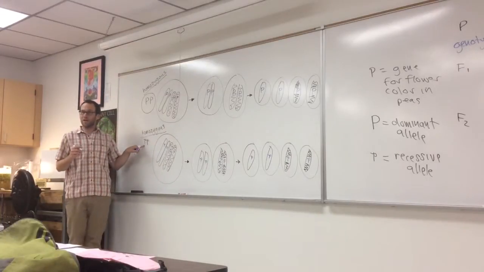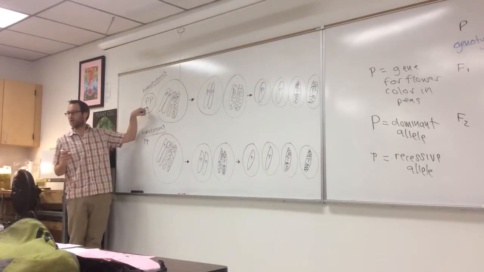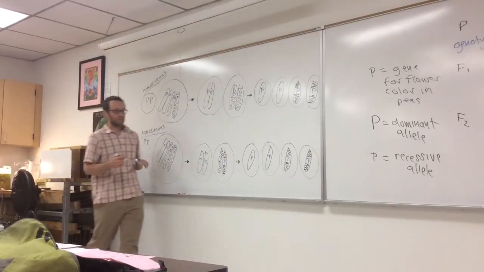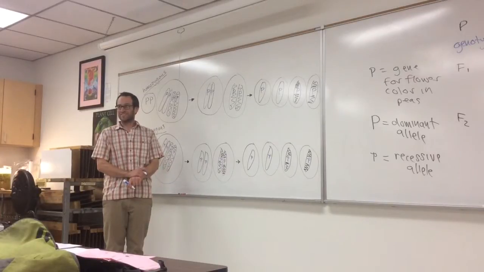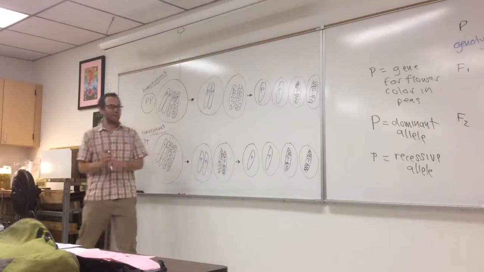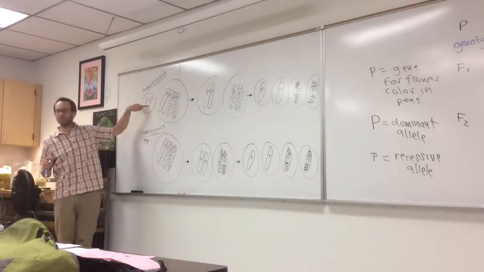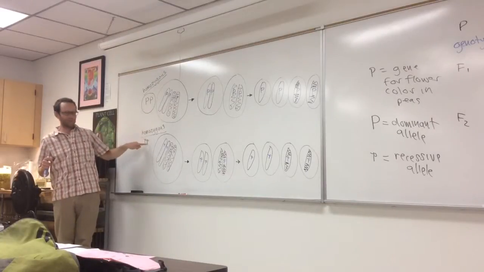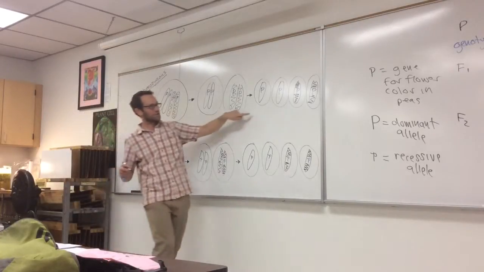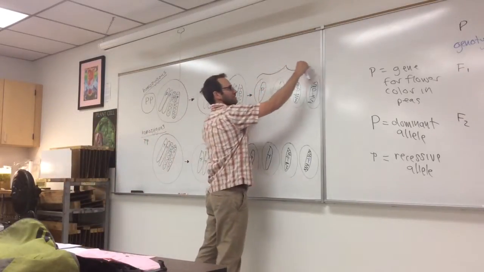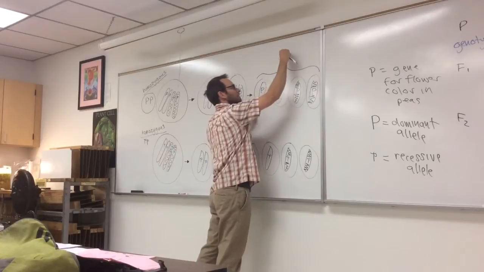So if a homozygous white mates with a homozygous purple, what do you end up with? So if a homozygous purple mates with a homozygous white, that means homozygous purple goes through meiosis and makes these gametes.